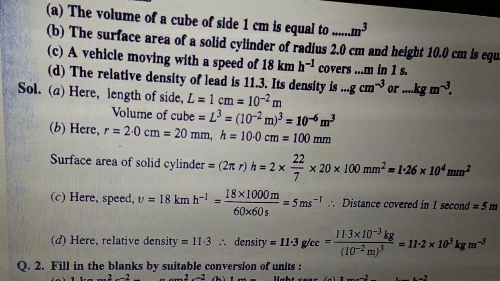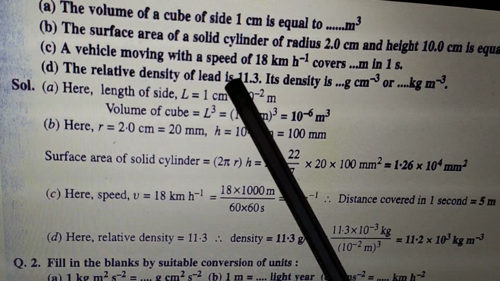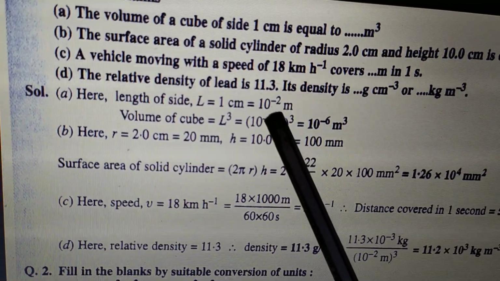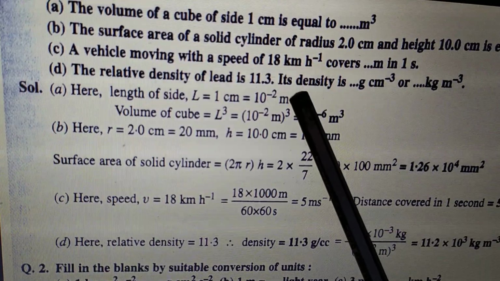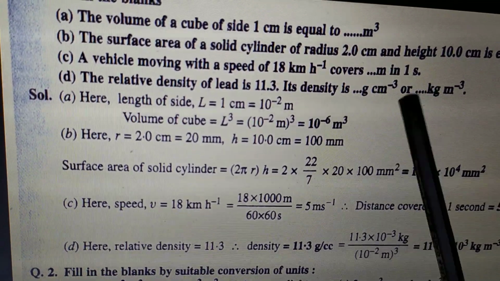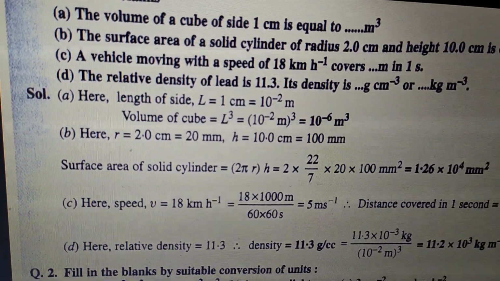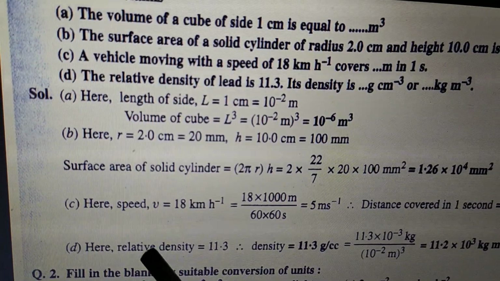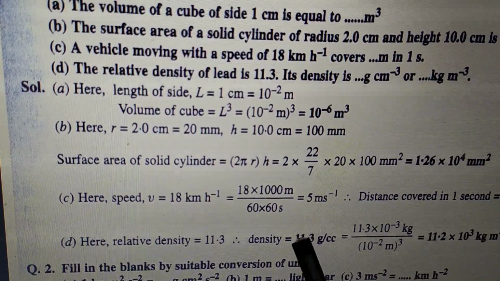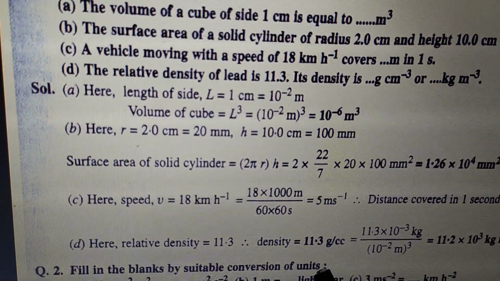Now what is the next question saying? We have to find the density of lead, whose relative density is given as 11.3. Relative density is provided, and we have to find its density in grams per centimeter cube or kg per meter cube.